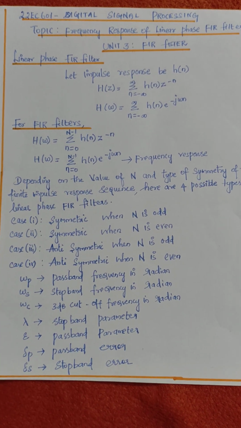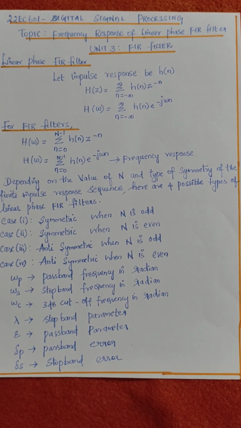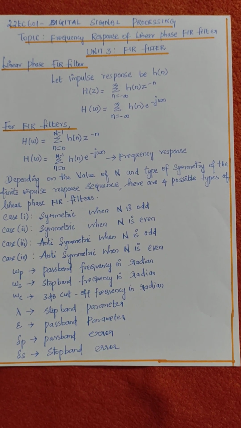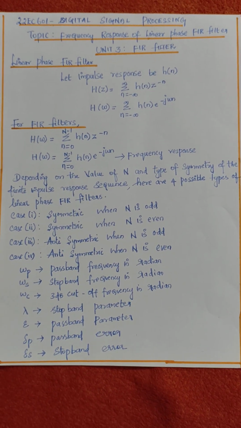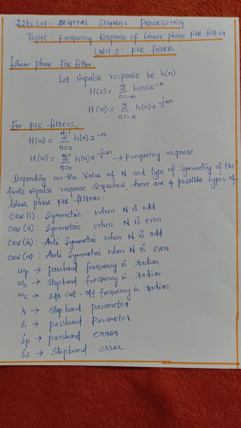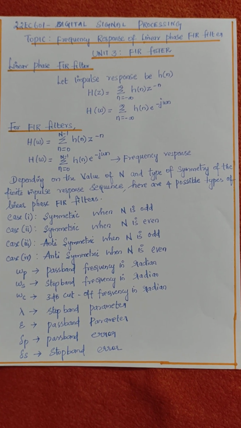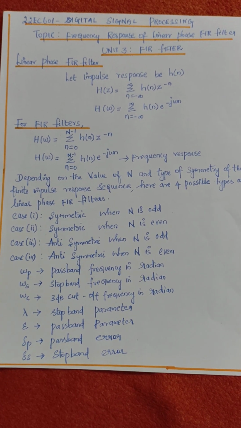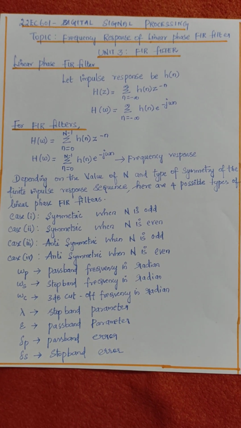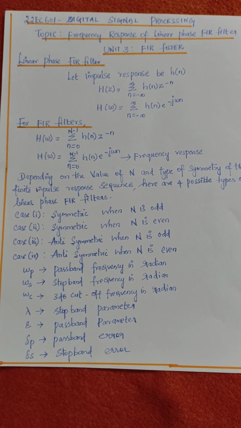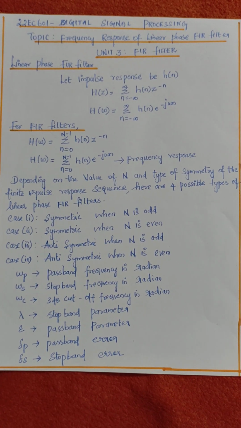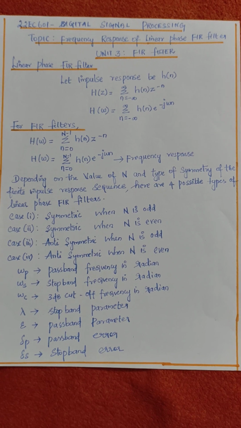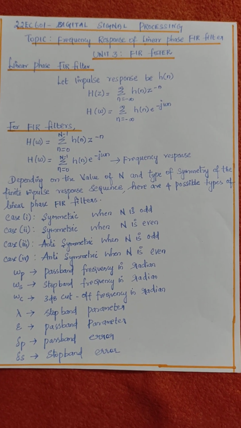Therefore, of the 4 cases we deal with, linear phase will be satisfied mostly for N equal to odd for the symmetric responses of FIR filters. Symmetric for N equal to even is there, and antisymmetric for N equal to odd and N equal to even problems are there, but the problems all belong to symmetric in nature.